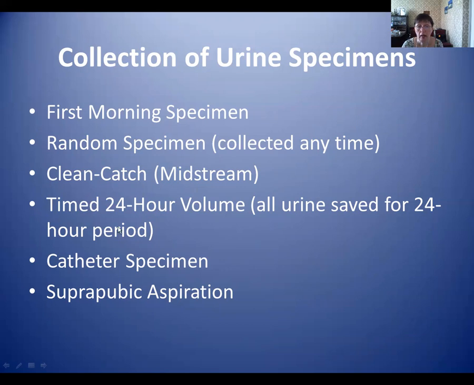Then we may collect urine for 24 hours and then examine it. And also in some cases we can receive the specimens by catheter or even after puncture in the suprapubic area.